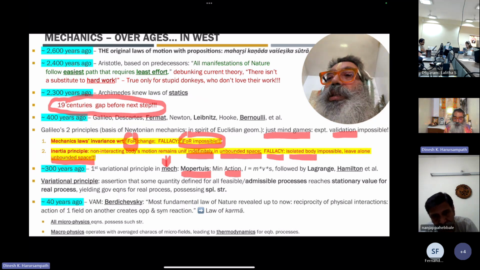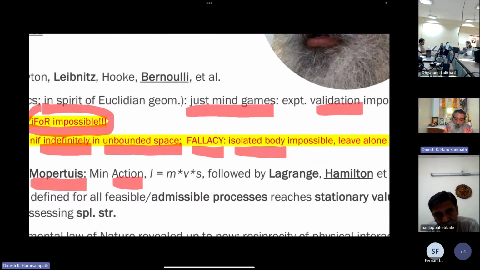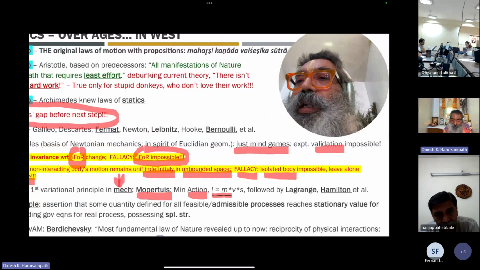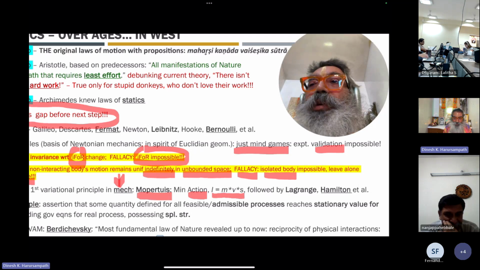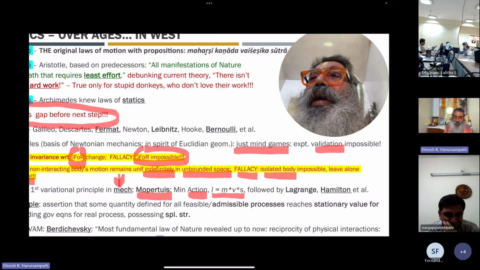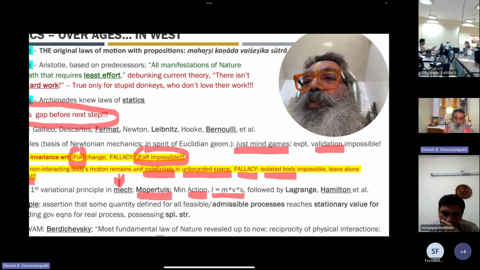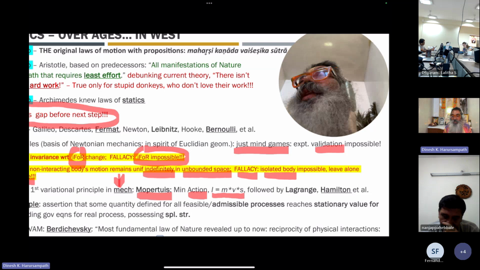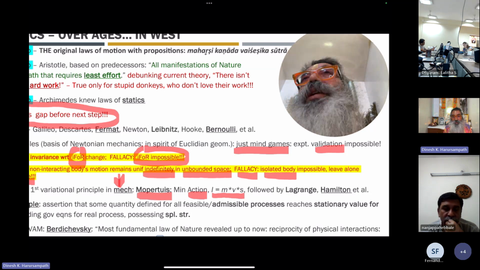So action is given the symbol I over here, and you see that I is given by I is equal to mass into velocity into distance, which might look like a very, very crude, meaningless kind of an entity. We understand mass into velocity, for example, is the momentum. That is fine. But what is momentum into distance?